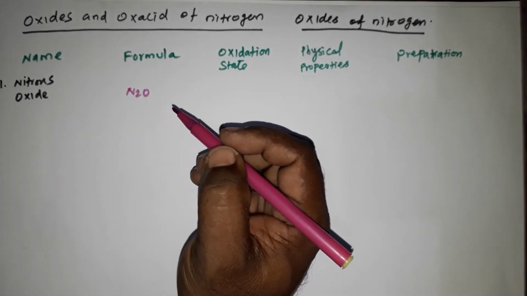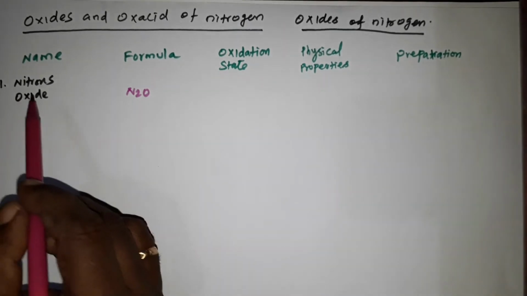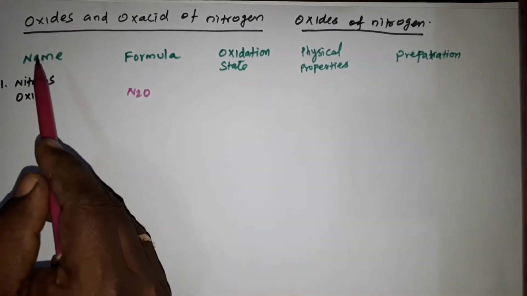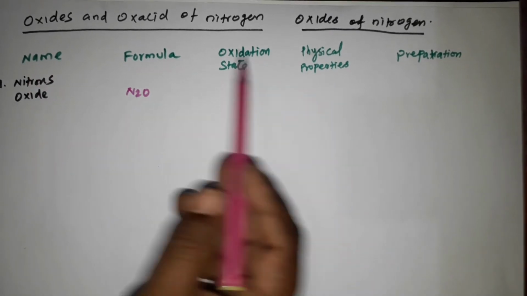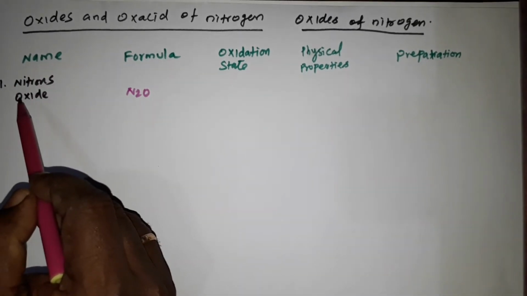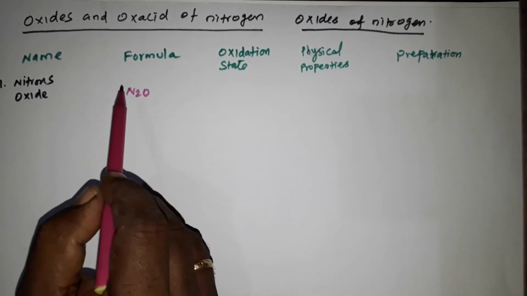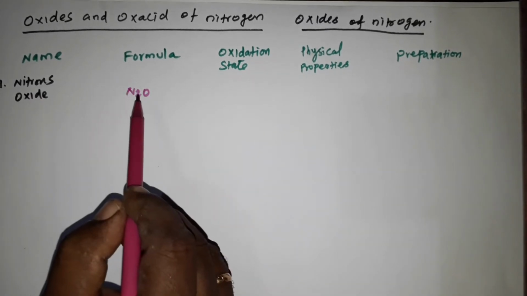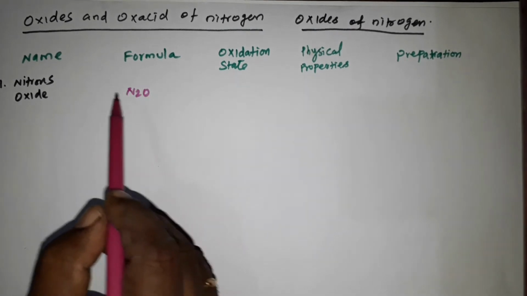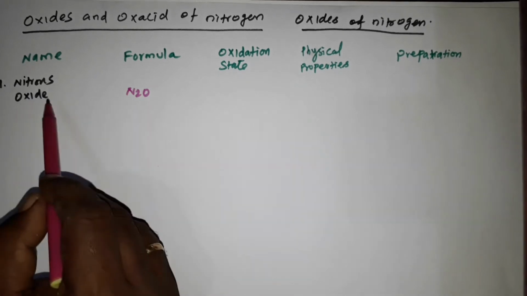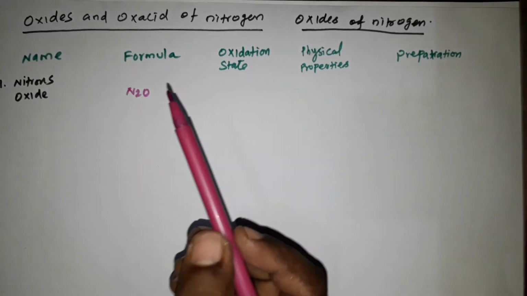Now oxidation state. Our topic is oxides of nitrogen. Actually, oxide means it contains oxygen. The compound contains oxygen, so we call it oxides of that particular element. Here nitrogen is given, so it is oxides of nitrogen. So the first member is nitrous oxide.